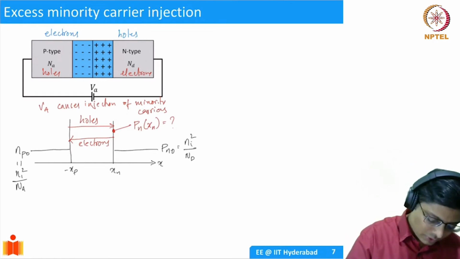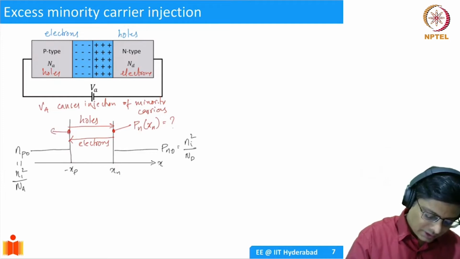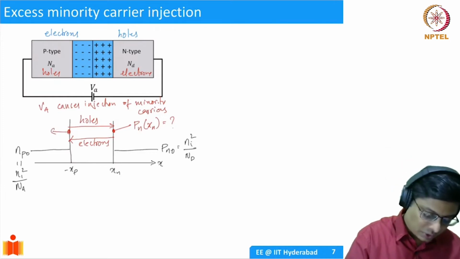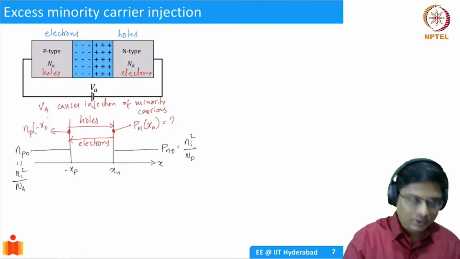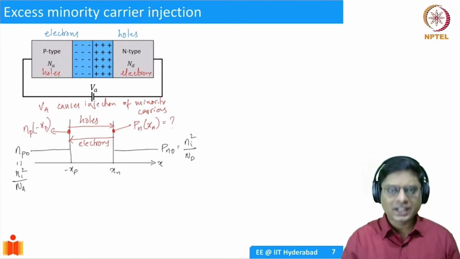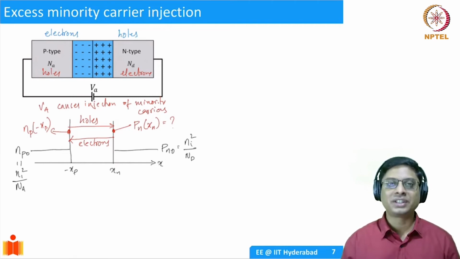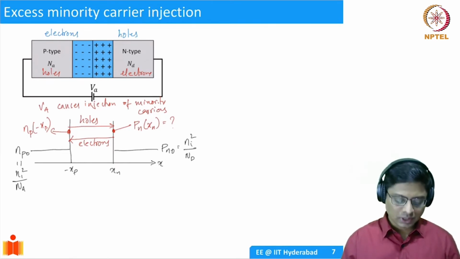Similarly, in the p-type semiconductor, we need to know the concentration of electrons at minus xp. If I know this, then I can determine the rest of the concentrations, because I have the minority carrier diffusion equation with me. So how do we determine this?